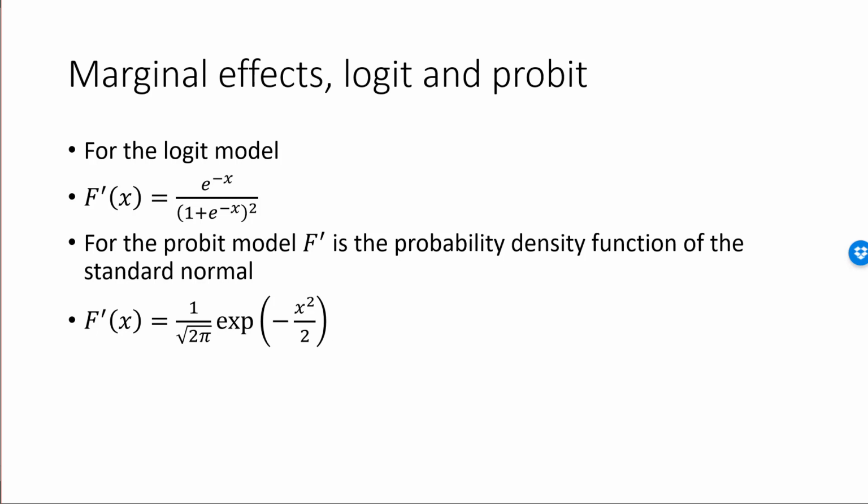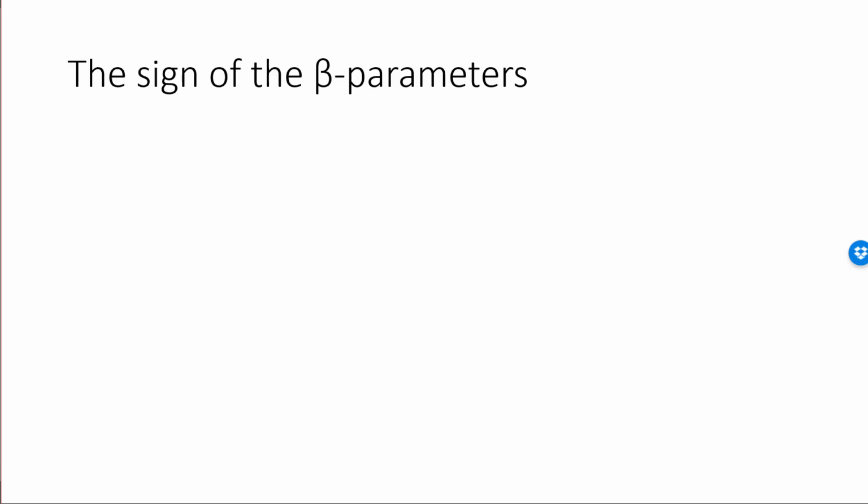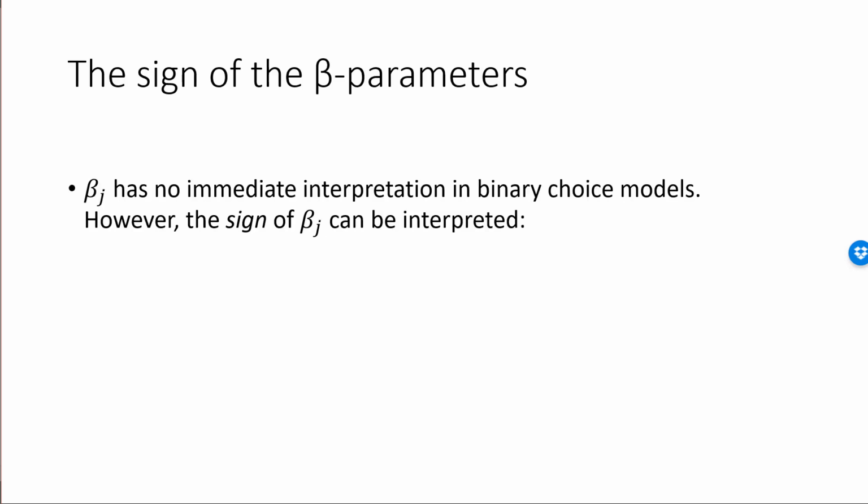Alright, so for the last part of this lecture, remember, we cannot interpret the actual value of the beta parameters or its estimates in the binary choice model. However, we can interpret the sign. And the interpretation of the sign is as follows.